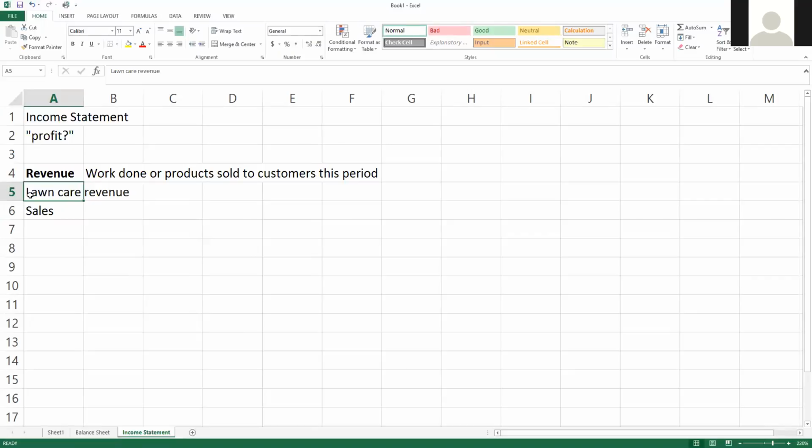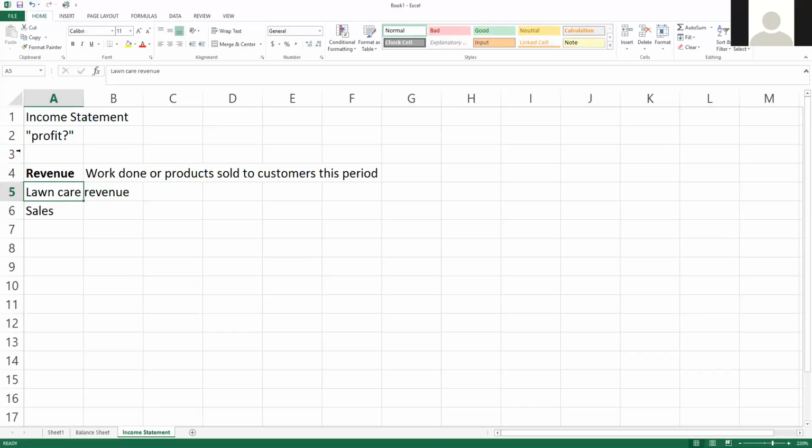Even our lawn care and snow removal business could have lawn care revenue and snow removal revenue. Or they could have commercial revenue, from businesses they do work for, and residential revenue, depending on how they want to break it down and what statistics mean to them. But they're recording every job they did, whether they categorize them or lump them all in one account.